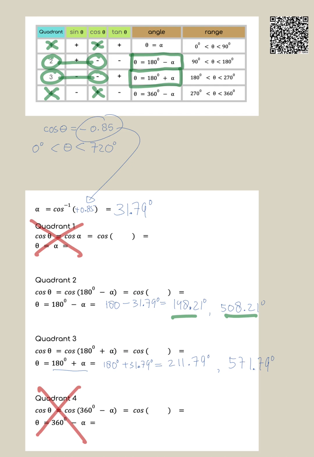You get the same, negative 0.85, which is correct. Cosine 211.79, negative 0.85 also. Cosine 571.79, you get negative 0.85 also. So you can check all our 4 answers are correct.